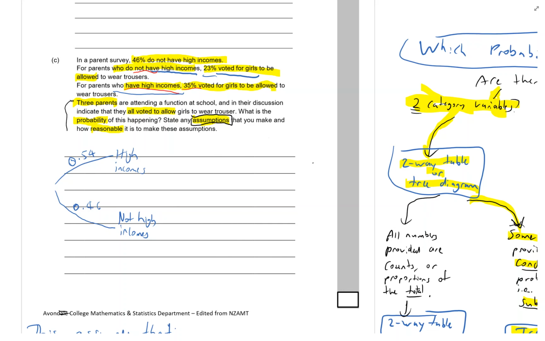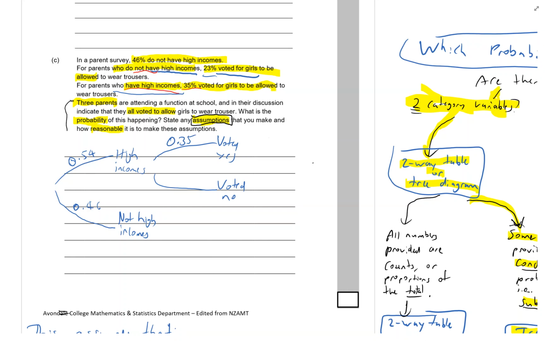Okay, now, of those who have high incomes, we have whether they voted yes to girls being allowed to wear trousers, or whether they voted no. And we know that of those who had high incomes, 35% voted yes. And so, what must be the proportion who voted no?